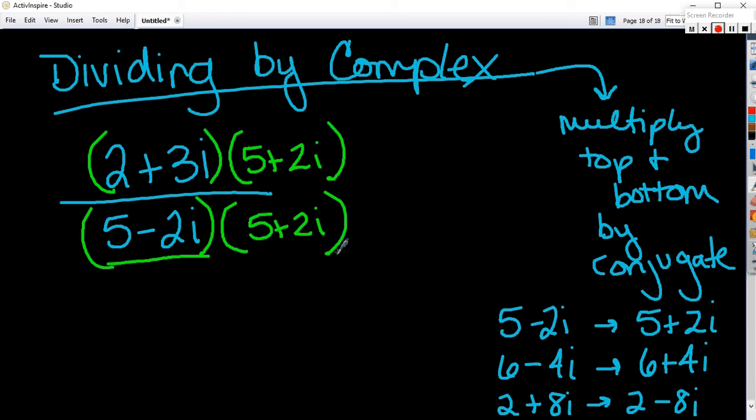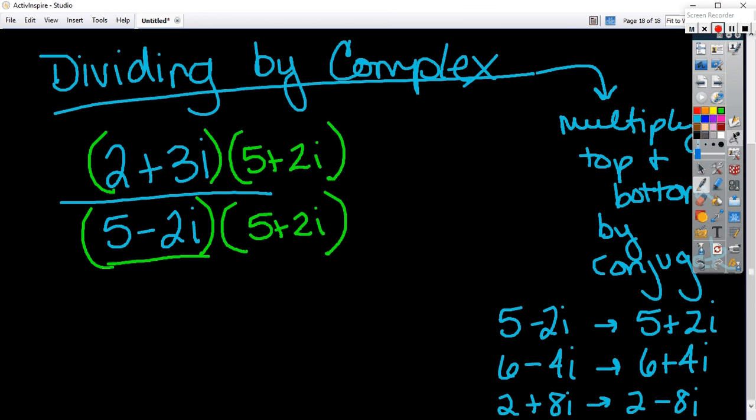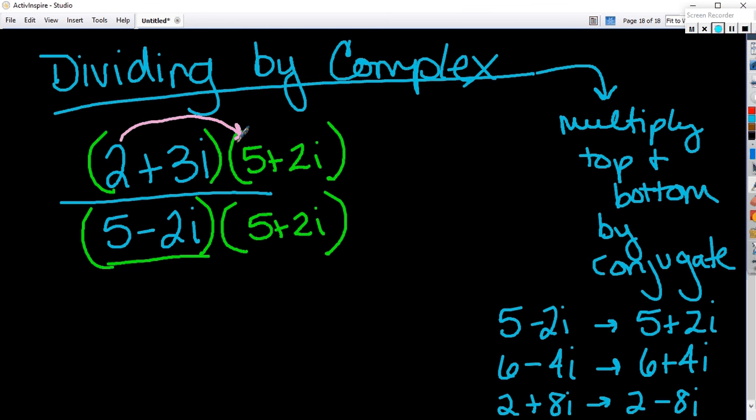It doesn't seem like it's hard. It would seem like it's a bunch of distributing. So let's take it through the top. 2 times 5, 10. Plus 4i. How do you get 4? I distributed the 2 through that set of parentheses.